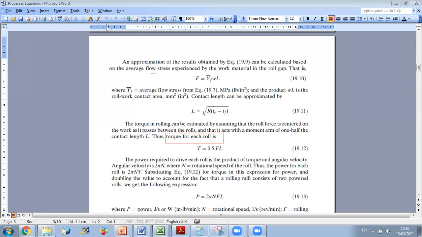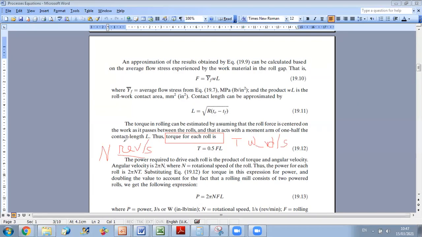Now, how to calculate angular velocity? In general, they gave us the rotational speed N. The rotational speed N will in general be in revolution per minute or revolution per second. In the formula of power, T times omega, T is in Newton meter and omega is in radian per second. So to have omega in radian per second, all we have to do is convert from revolution to radian.